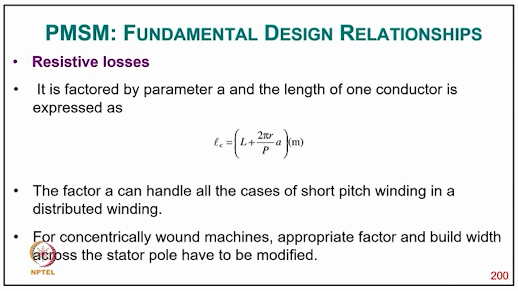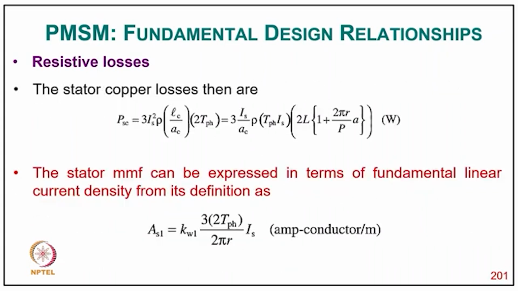So, it is factored by a parameter A, and the length of one conductor is expressed as LC equal to in bracket L plus 2 pi R upon P into A meter. The factor A can handle all the cases of short pitch winding in the case of distributed winding, and for a concentrically wound machine, the appropriate factor and the build width across the stator pole have to be modified.